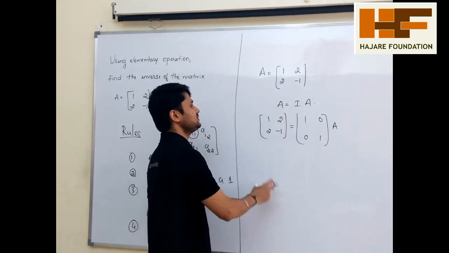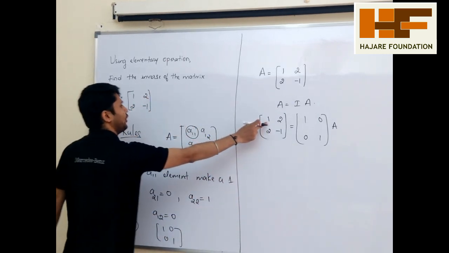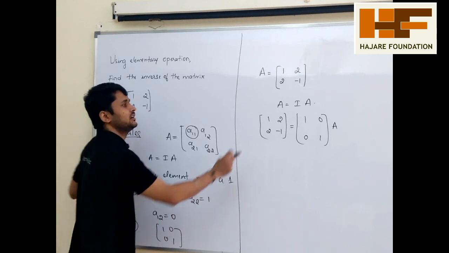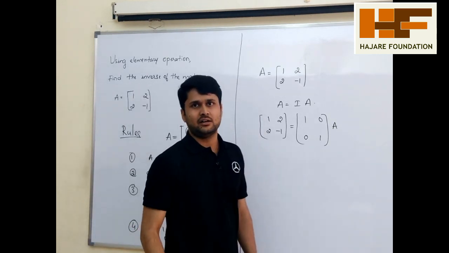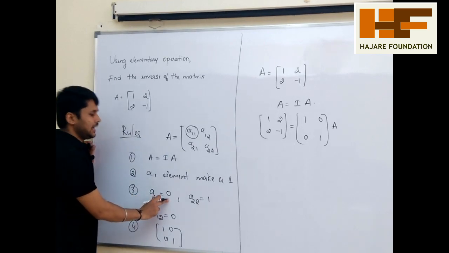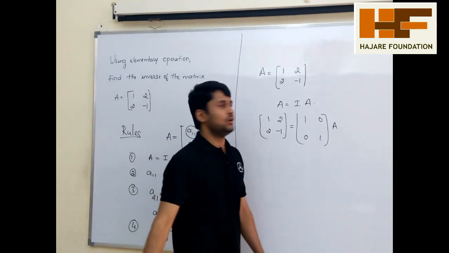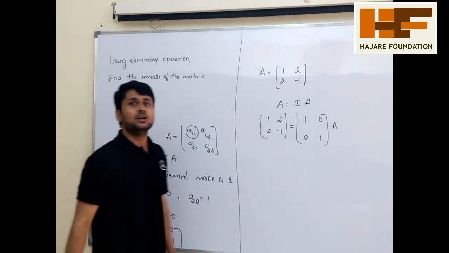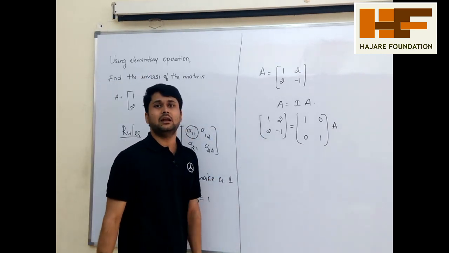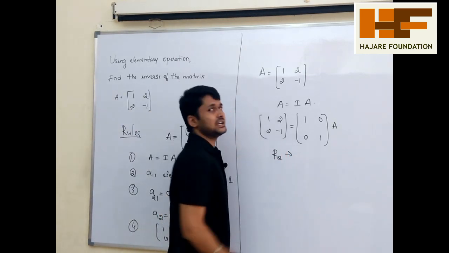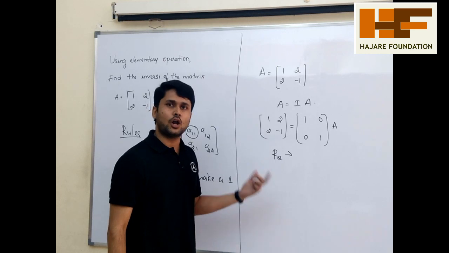Next, in the given example 1 is already there. A11 element should be 1. Already it is 1. No problem. Next, move to the second rule: make the A21 element a 0. Using our elementary operation, we have to make this element 0. We may use a row operation or a column operation.